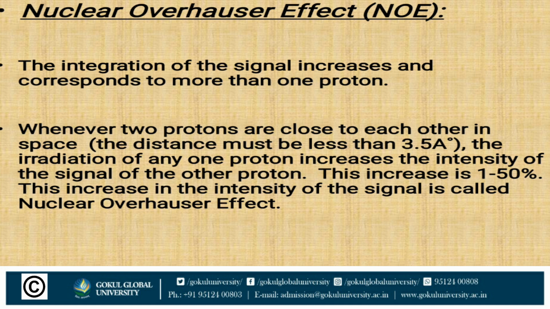The intensity is increased by the other proton, which is the neighboring closest proton. This increase is 1 to 50 percent. This increase in the intensity of the signal is called the nuclear Overhauser effect. When the intensity increases, we know which proton gives this signal and can separate it out easily. This is called the nuclear Overhauser effect.